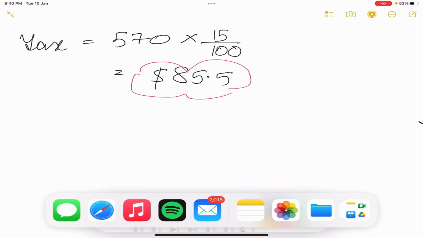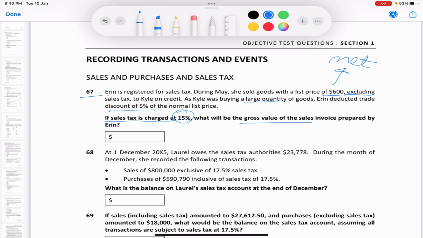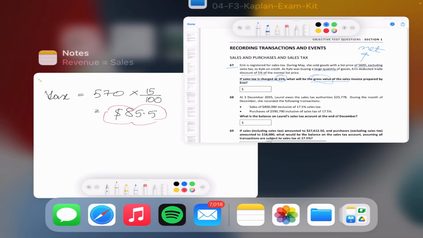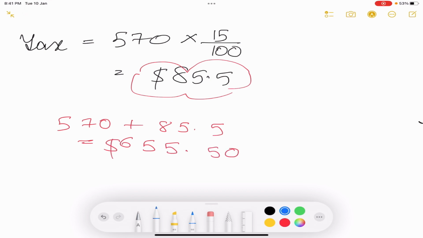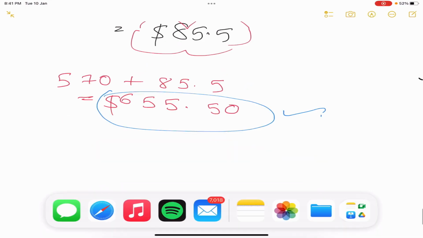Now, what am I supposed to find in the question? I am supposed to find the gross value. So gross value is net value plus the sales tax, right? Because you will be charging the sales tax as well. So what is the net value? 570. So 570 plus 85.5 is 655.50. So my gross value is 655.50. I hope you got the answer as well.